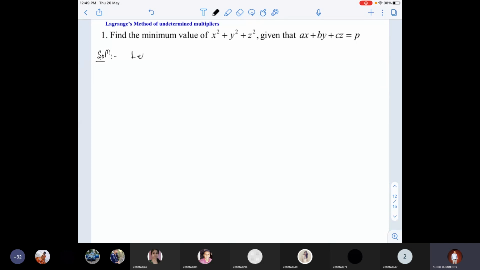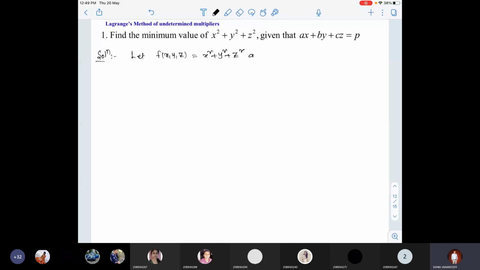Here, let f of x comma y comma z is equal to x square plus y square plus z square.